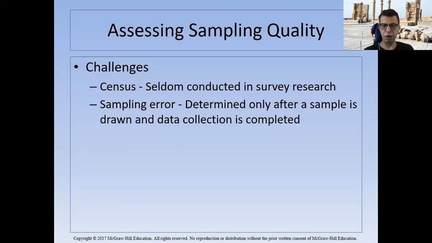You determine the sampling error, usually only after a sample is drawn and data collection is completed. And you say, okay, there is a chance of error that I ran 5% to very rich people, and I ran 5% to very poor people, and this 10% is the sampling error. So you say 10% up and down on this result.